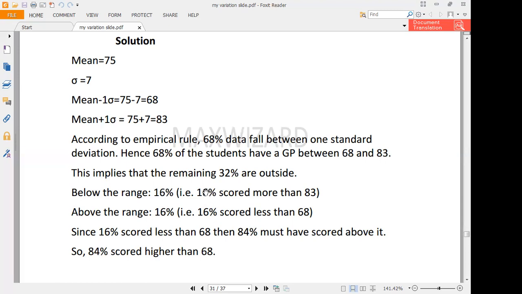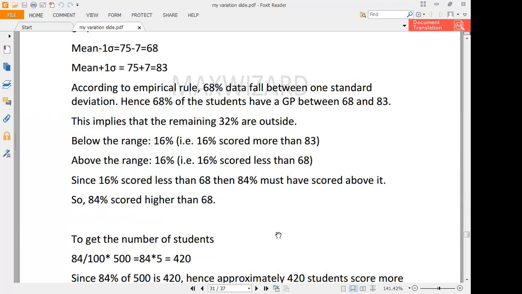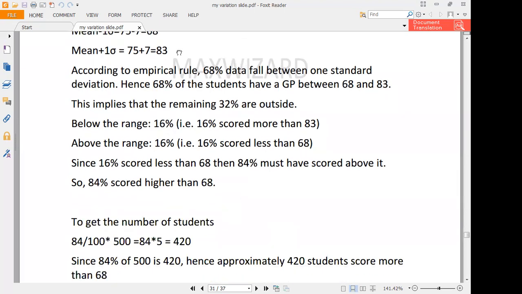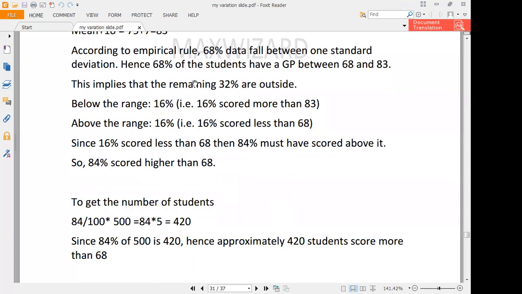Either you add those people between these two marks and those people above the range together to get 84, or you just take the people below the range, which are 16%, and subtract them from 100 to get those that score higher, and that will give you 84% also. I hope you get that. Okay, I think we can proceed with that.